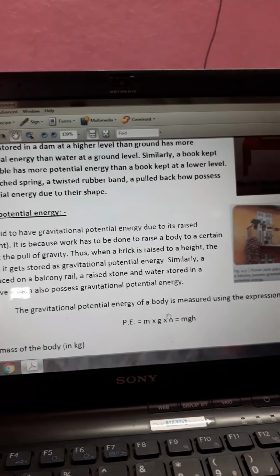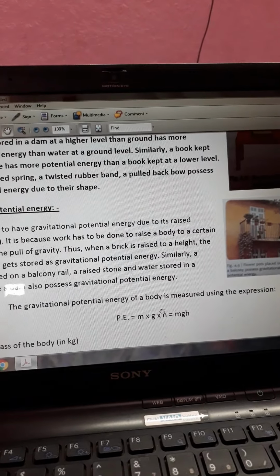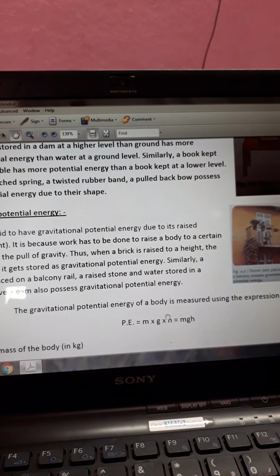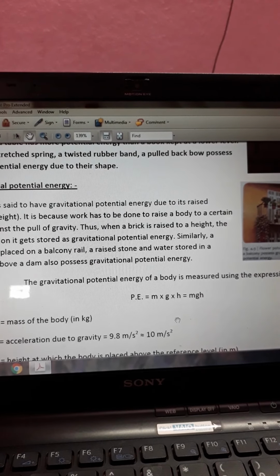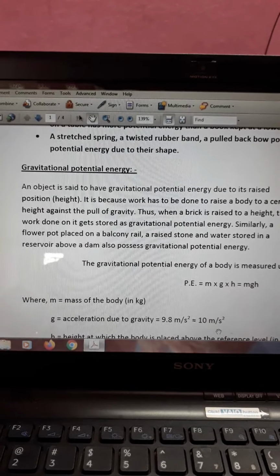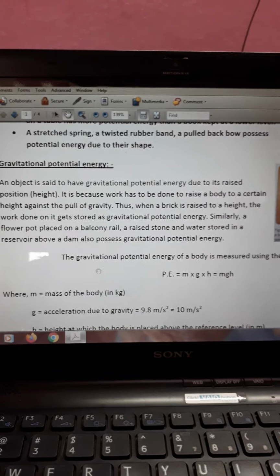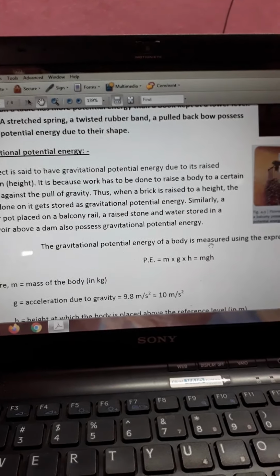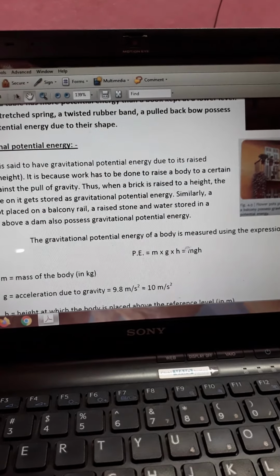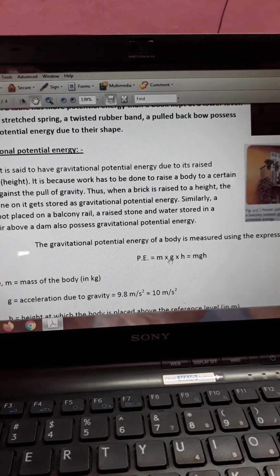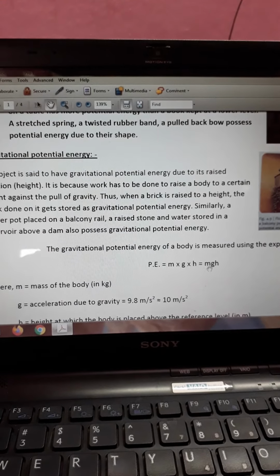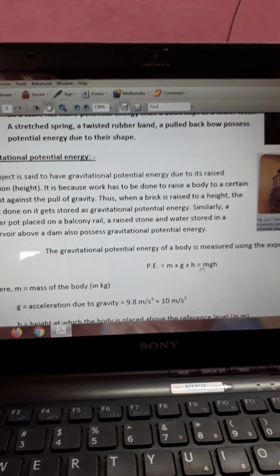The gravitational potential energy of a body is measured using the expression potential energy equals mgh. Using this expression we can solve problems which are based on gravity. Here m is the mass of the body and its SI unit is kg, and g is the acceleration due to gravity.